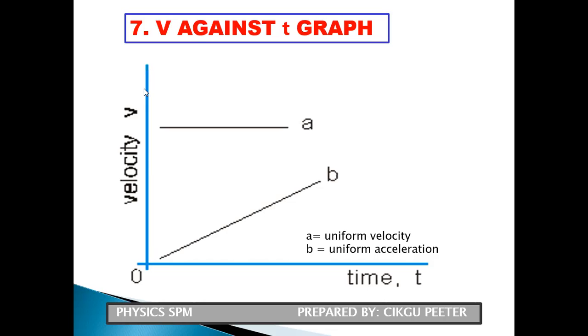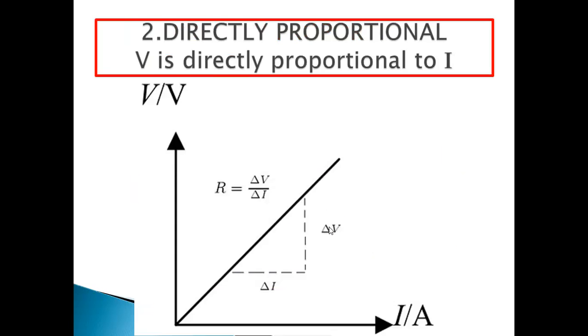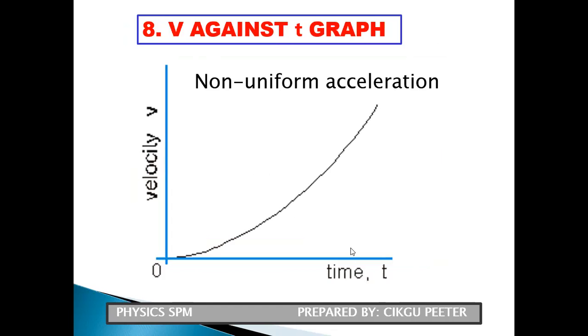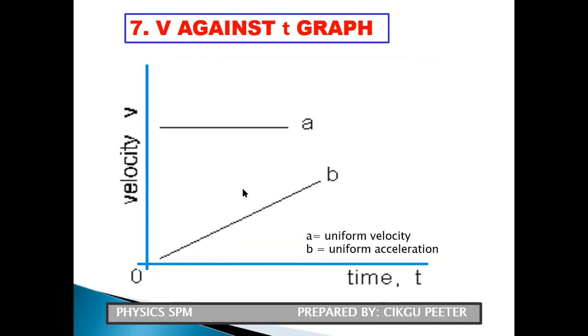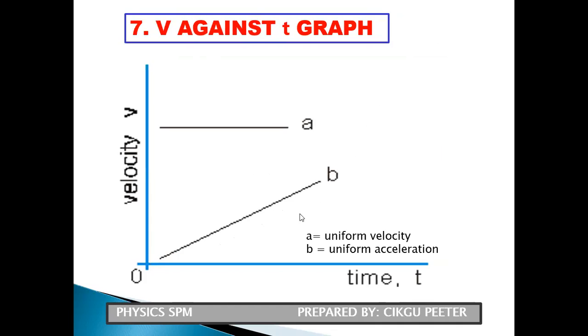Because when you have a velocity against time graph, the gradient under this line or this curve should be the acceleration. So for the first graph, velocity is constant.